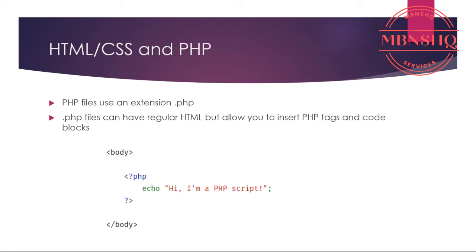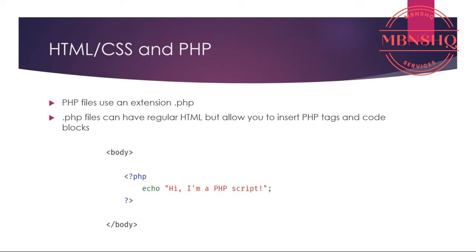Now here we take a quick look at what HTML and CSS and PHP will look like. Well, this code snippet has no CSS in it just yet, but there you see that you have some HTML, which is the black text, and then you have the PHP tags that were previously alluded to, and some code which would print some text inside of an HTML page.